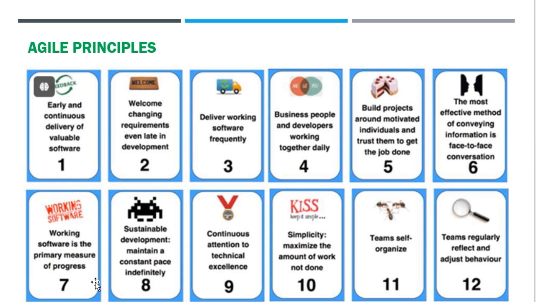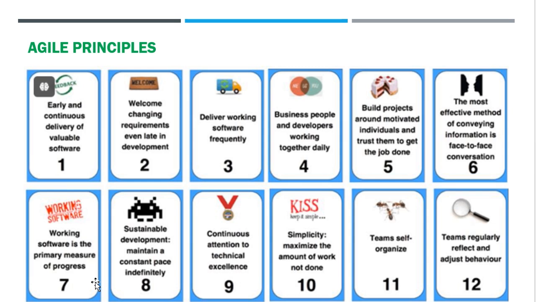Moving to the 8th principle, agile processes promote sustainable development. The sponsors, developers, and users should be able to maintain a constant pace indefinitely. Like a marathon runner who paces themselves throughout the race can finish strong, whereas a sprinter who exhausts all their energy early on might not make it to the finish line.